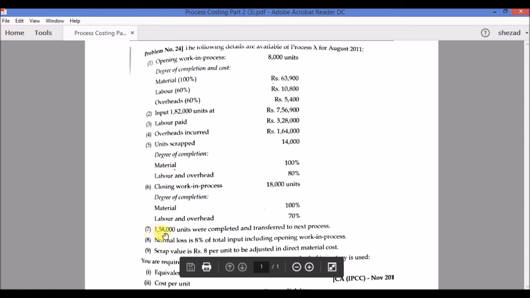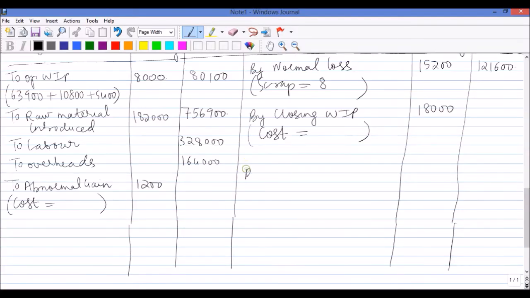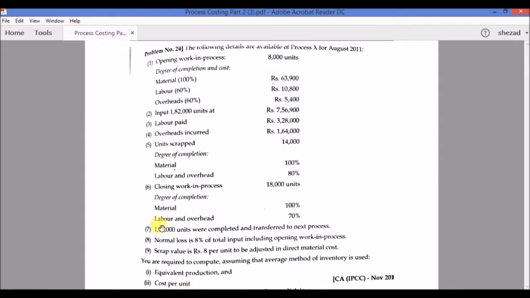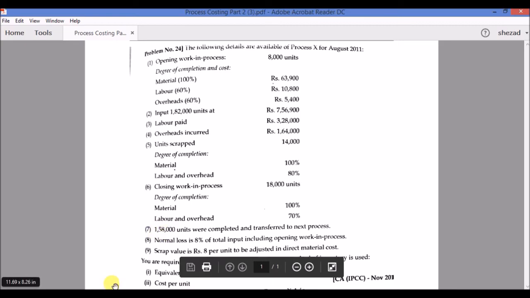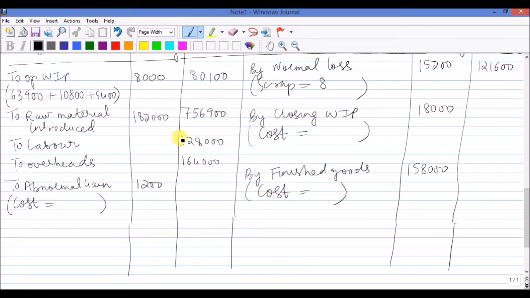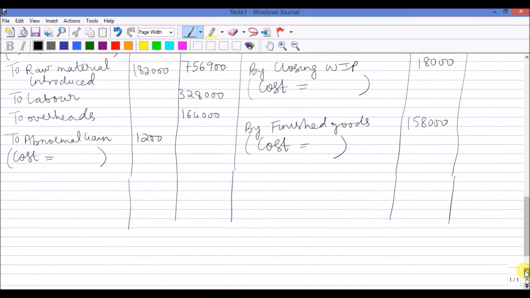And 1,58,000 is to be transferred to the next process, so by finished goods is 1,58,000 units, and for this also I need to get the cost, friends. So I think I have filled up everything. All these three items you need to get the cost.